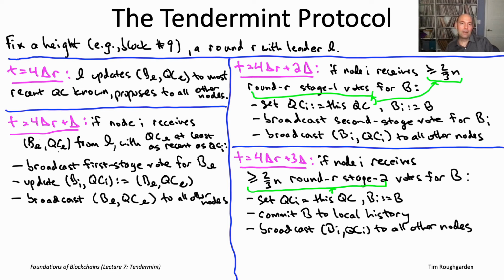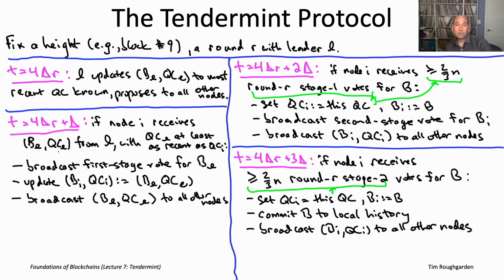Naturally, it updates its block to whichever block is supported by the supermajority, whether or not that happens to be the block that it had stored locally previously. And then, and here's the key thing, having witnessed not just 1 but 2 stages of successful voting, node I actually takes the plunge and commits this block capital B to its local history.